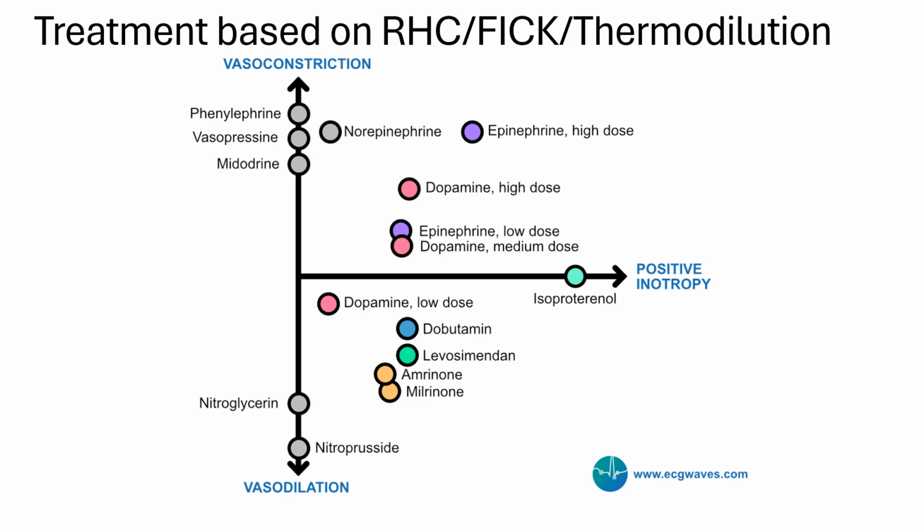But this is not by any means exactly what you do in this type of patient. You're going to be measuring invasively second by second, essentially, and titrating your treatment with these different medicines. So this is a nice little diagram to show you vasoconstriction, dilation on the y-axis, and then inotropy on the x-axis there.